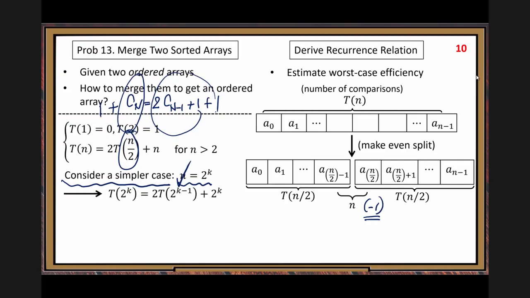Then after that, C sub n plus 1 equals 2 times C sub n minus 1 plus 1. Can you see the similar structure on both sides? Similar structures, both sides. Can you see that?